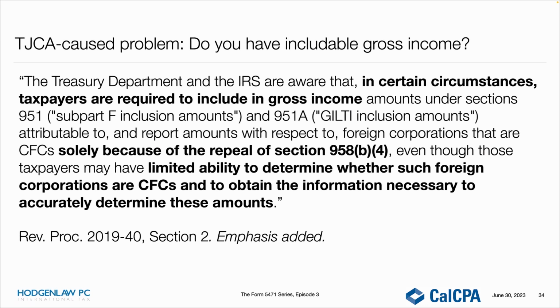You're probably unable to understand enough information to figure out whether it's a CFC, and you may not have enough information to figure out your pro rata share of foreign corporation income if you have Subpart F or global intangible low-taxed income. So that's the problem: access to data when you're at some distance removed from the action that is in the foreign corporation.